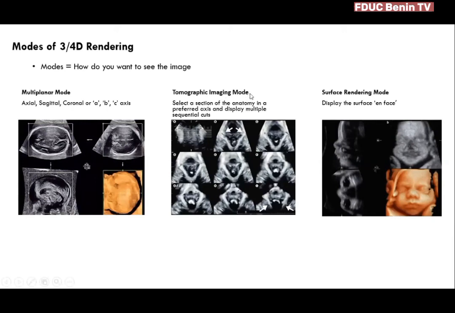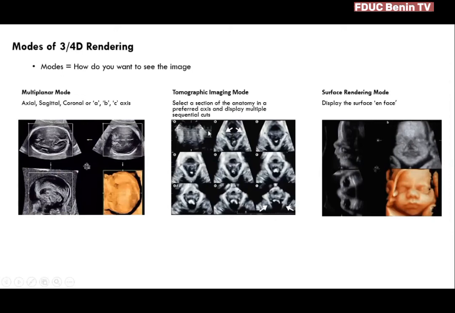Tomographic imaging mode is a mode of display where the primary image is rendered into multiple tomographic planes by the operator. So the operator recognizes a region of interest and introduces multiple tomographic planes on that image of interest. The machine will render each tomographic plane indicated here by this straight line.